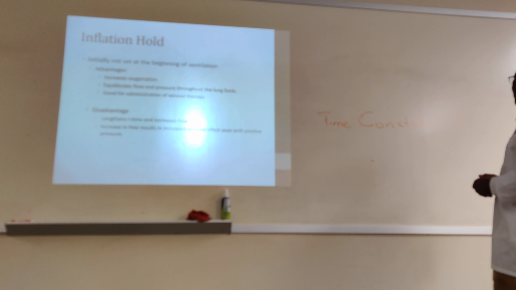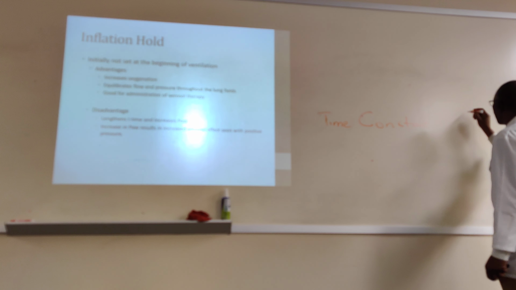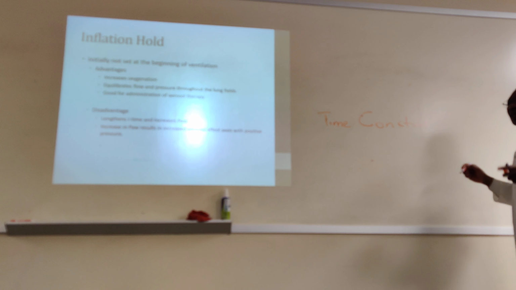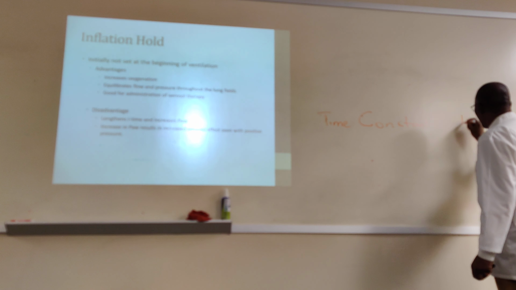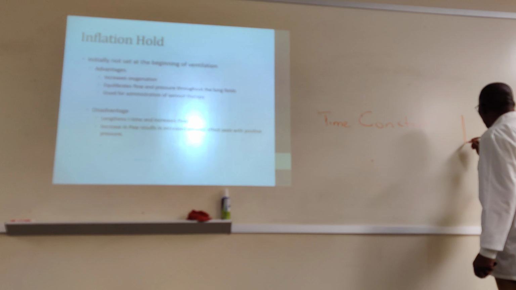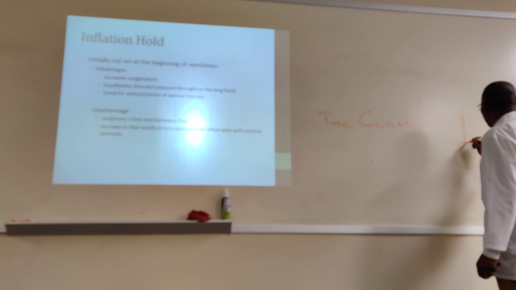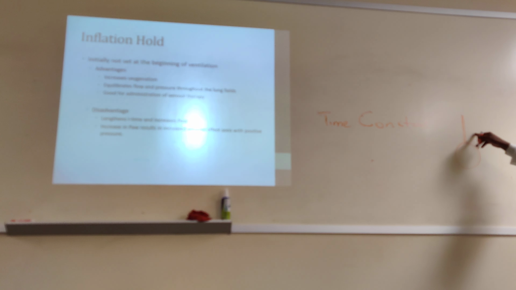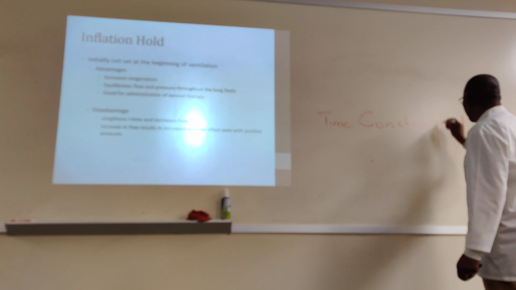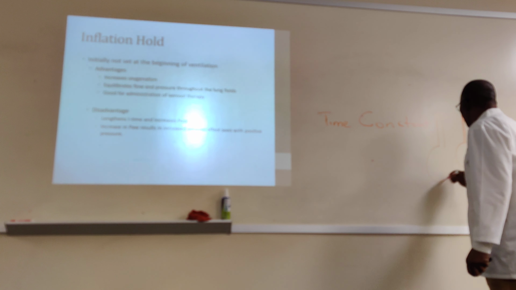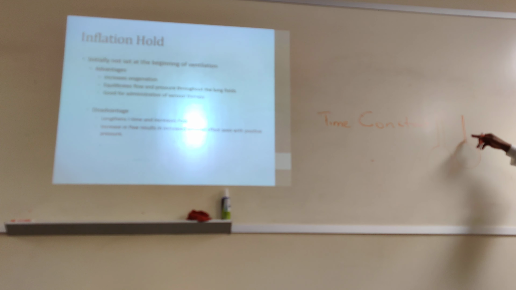Basically, what time constant means is that we have millions of alveoli inside the lungs. You may have an alveolus that is like this. It's got high resistance. Let's say that this one is normal, and then you have some of them that are this way.